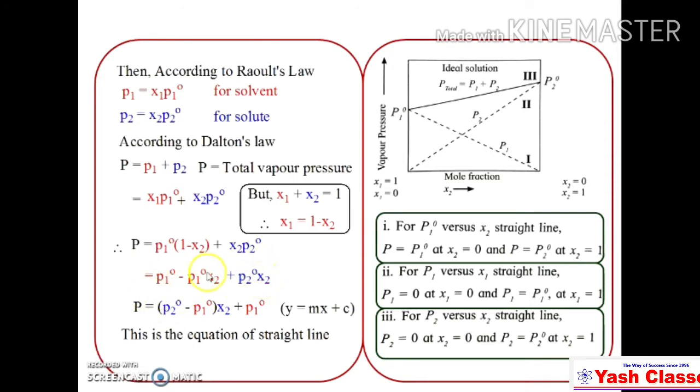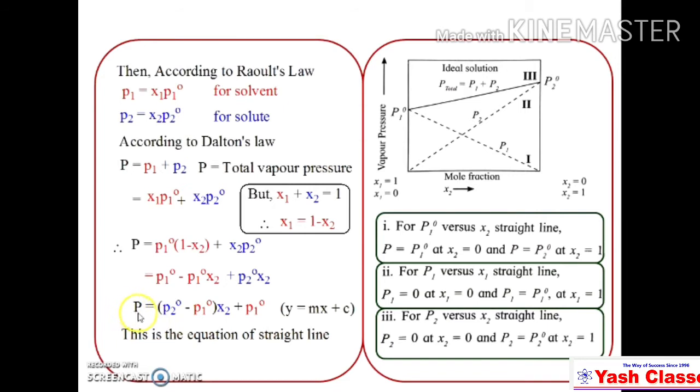Again, when we simplify this, taking x2 as a common factor, the total pressure is equal to P2 0 minus P1 0 into x2 plus P1 0. So this is the equation of a straight line, that is y equals mx plus c.